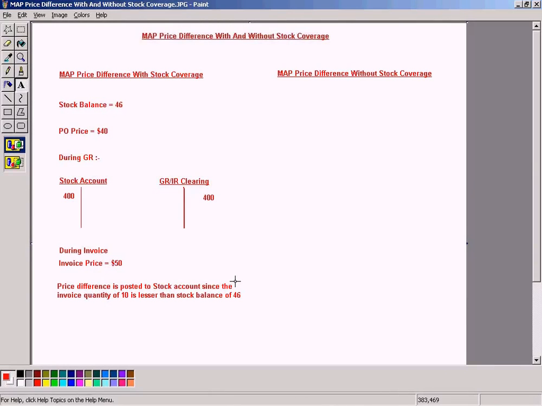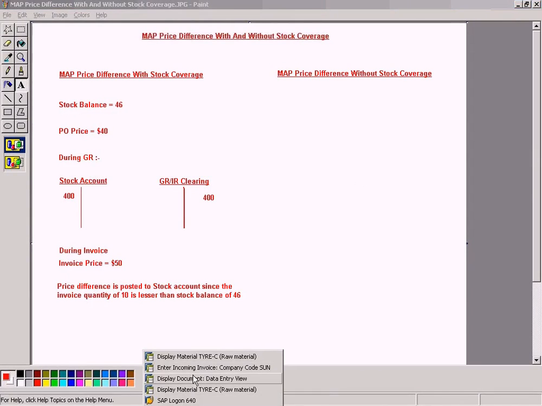So for that to happen, we need to reduce the stock balance by issuing some of the goods to own consumption account, meaning that some of our own departments have used the stocks for their own consumption, so the stock balance of 46 can reduce to 8 and so forth.